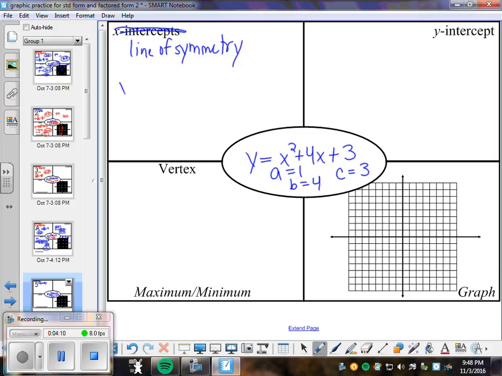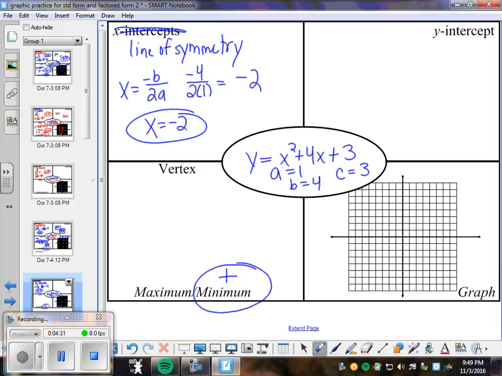So I'm going to take x equals the opposite of b over 2a. The opposite of b this time is going to be -4 over 2 times 1. So I get a -2. Now, again, I have a positive, so that's my minimum. Plug this x equals -2 in.